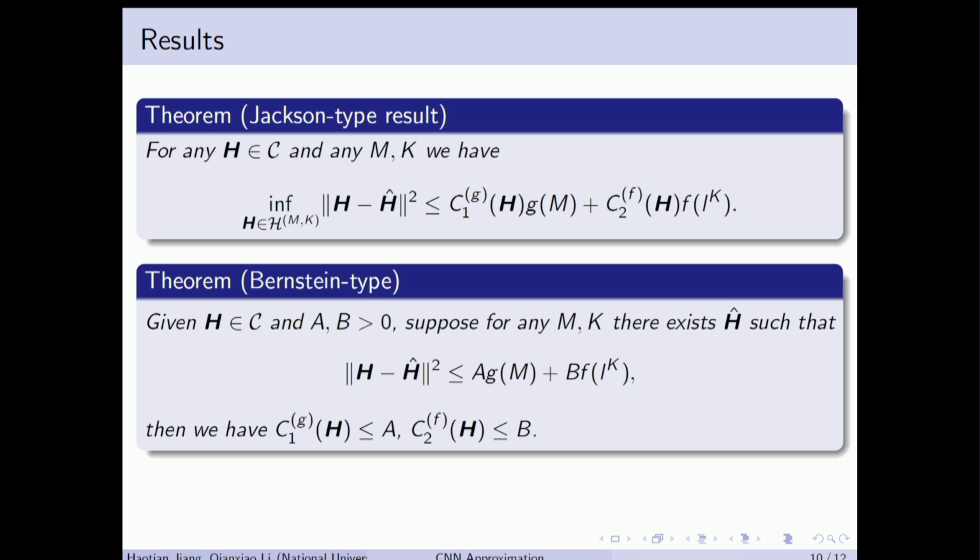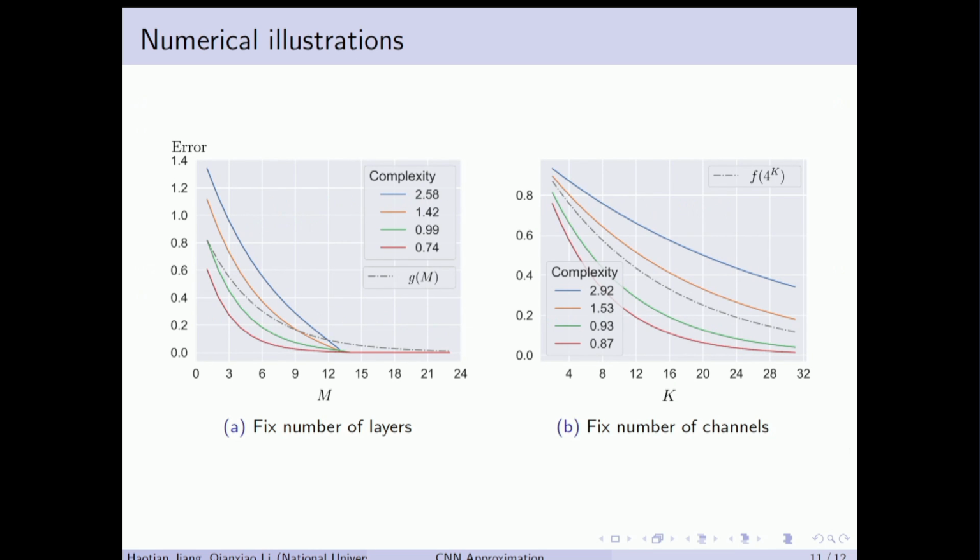Okay, and next I will show some numerical illustrations of this idea. For this, we train the models with different numbers of layers and different numbers of channels to different constructed targets. So we can compute the complexity measures here. On the left figure, we fix the number of layers and change the number of channels.